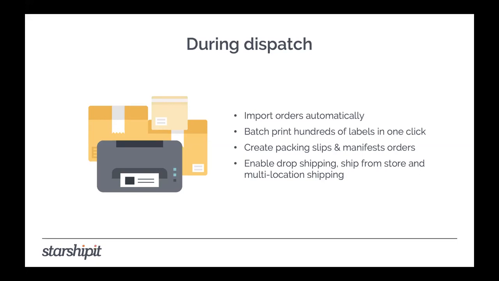So you might want to pick off the shelf and scan a barcode and then print the label. We can support that as well. And we can support things like ship from store or shipping from multi-locations, click and collect, etc. The other benefit is, as mentioned earlier, the tracking details. Once you've got that tracking number, you need to tell customers that their delivery is on its way. So we can handle all of that, and I'll show you a little bit more about that in a moment.